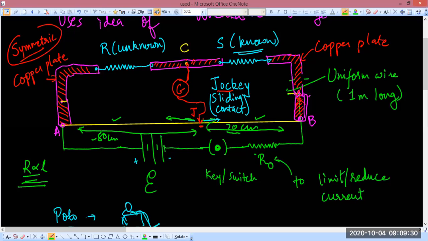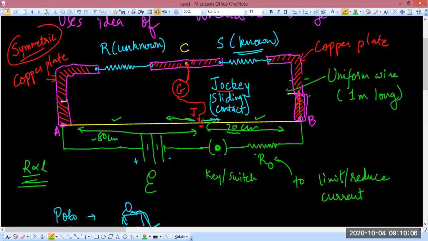Because for that wire, resistance is proportional to length. So if you change the position of the jockey, the length would change on that part, and if the length changes, then the resistance changes. Here the basic idea is the same.